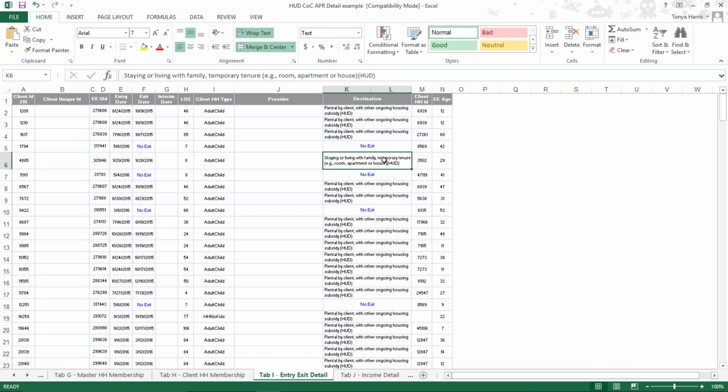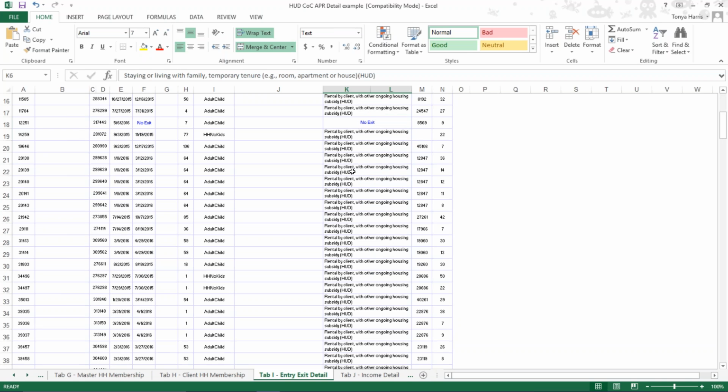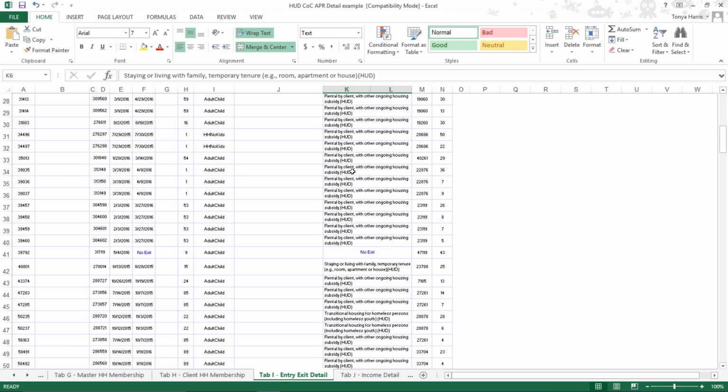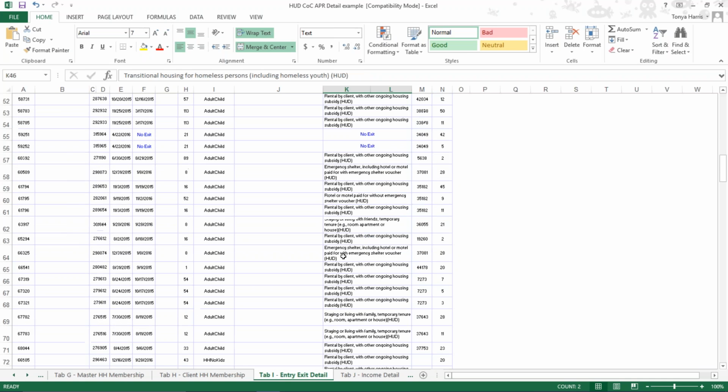Staying with family temporary, that's a bad outcome, because, remember, HUD expects all of our clients should have positive outcomes, permanent positive outcomes, okay? So another staying with family temporary, and then they are moved into a transitional program. So really got to question that.